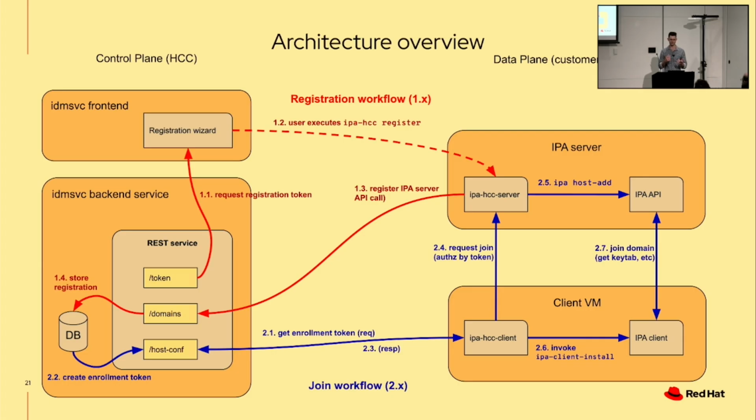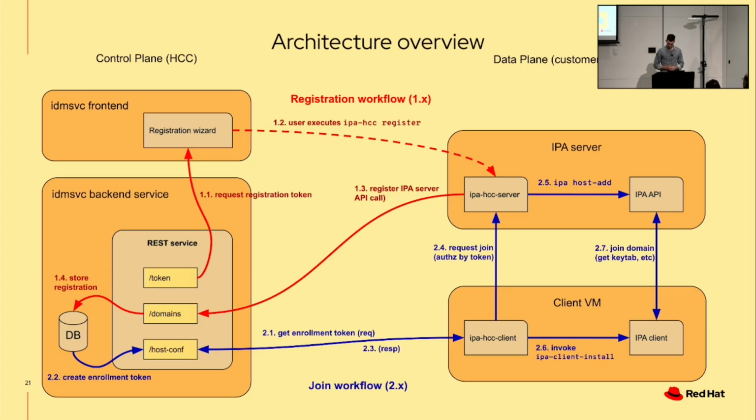In particular, the critical information: what domains it serves, the realm name, and information about the DNS names and the other configuration parameters of the servers in the topology, so that our service can tell the VMs, hey, there's a domain you can join, and here's the information, so that you can actually know where to go. And the last part of the registration workflow is the REST service actually storing that information and enabling that domain for the auto join.